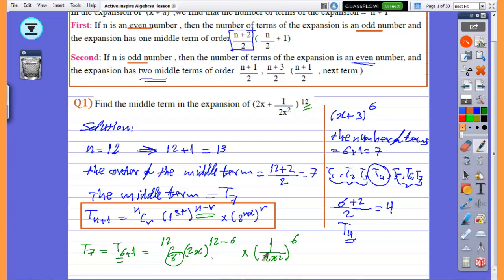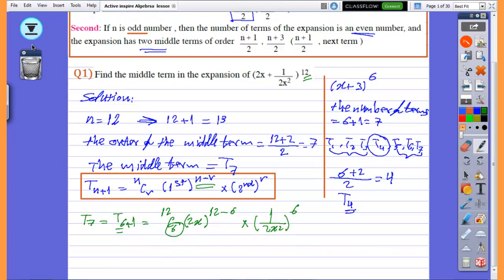Now we simplify this expression. It equals 12C6 multiplied by 2 to the power 12 minus 6, which is 2^6, multiplied by x^6, multiplied by (1/2)^6.